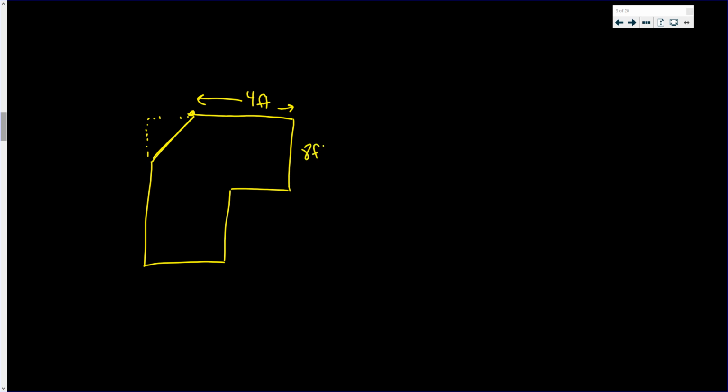This is 8 feet. This is 3 feet. We have 5 feet here and 9 feet up to here. 9 feet. Okay. So there are a few distances that we don't have that we're going to need.